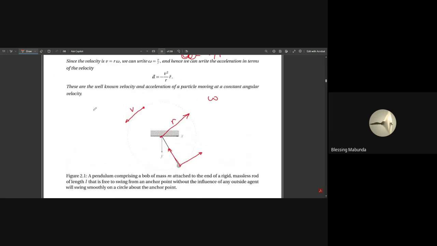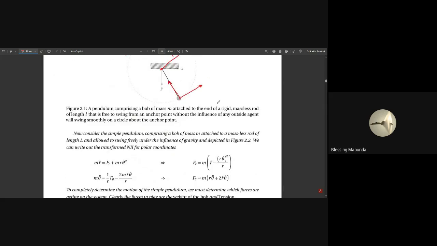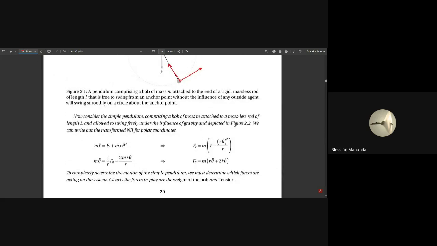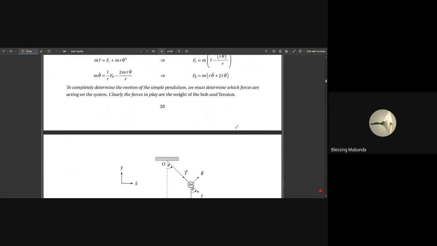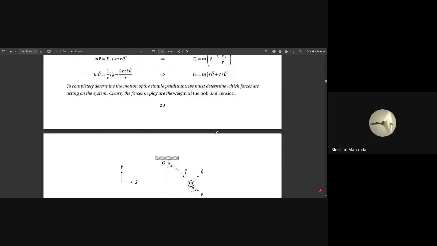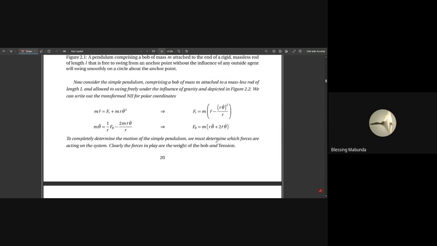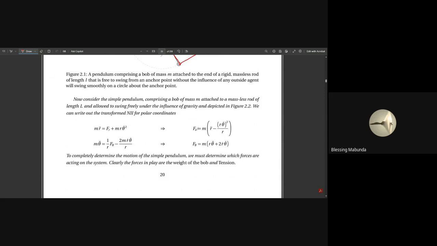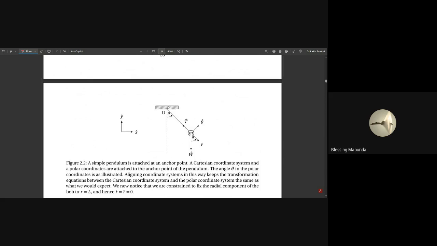So now we're going to consider a pendulum comprising a bulb of mass m, which is attached at the end of a rigid, massless, inextensible rod of length L. This is free to swing from the anchor point without the influence of any outside agent, and will swing smoothly on a circle about this anchor point.